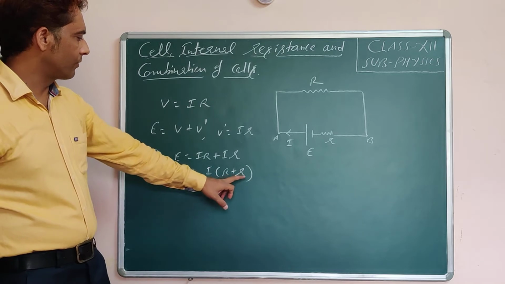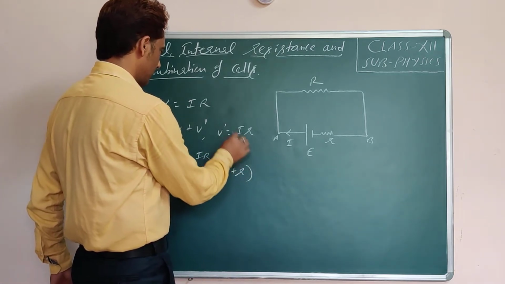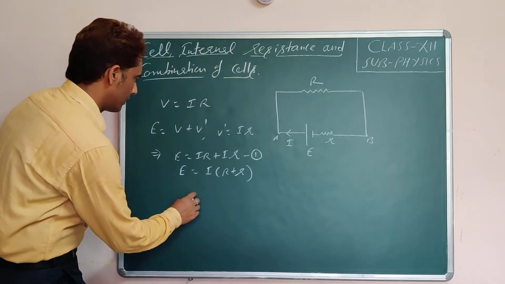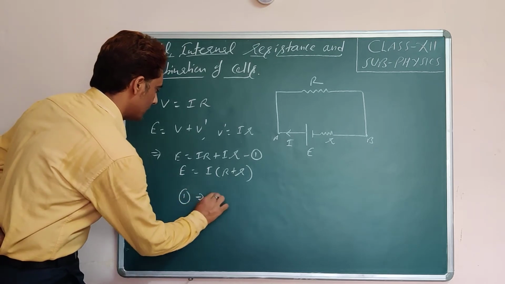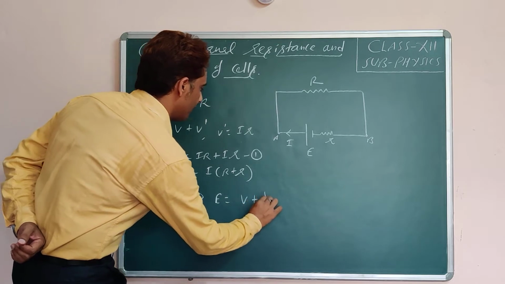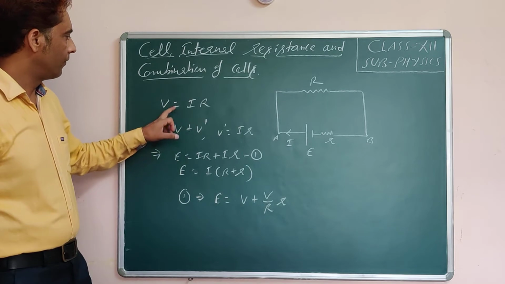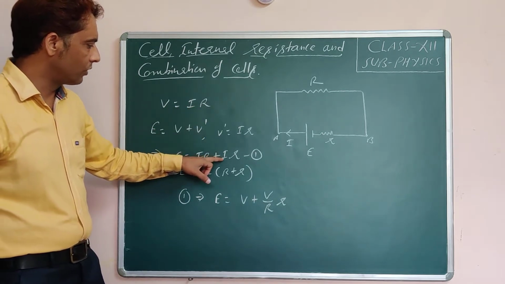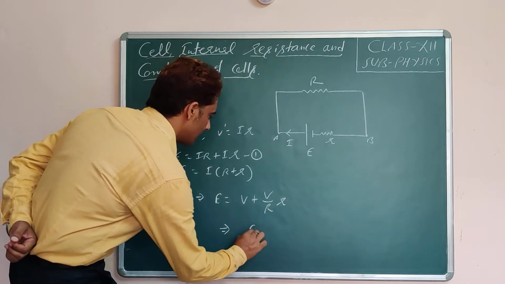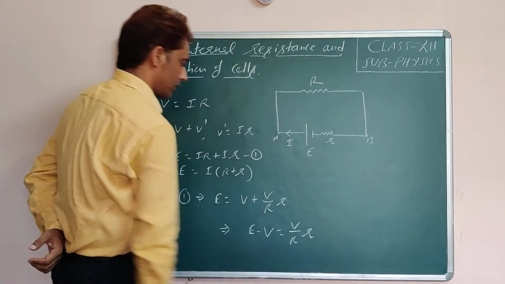We can also write an expression for this r. Let this be number 1. Then E is equal to V plus (V over R) into r, because V is equal to IR, so I is equal to V by R. Or we can write E minus V is equal to (V over R) into r.